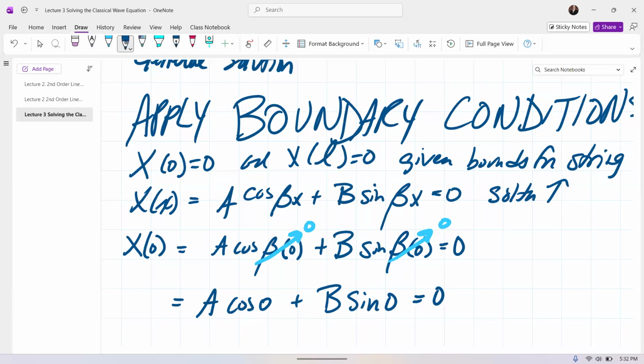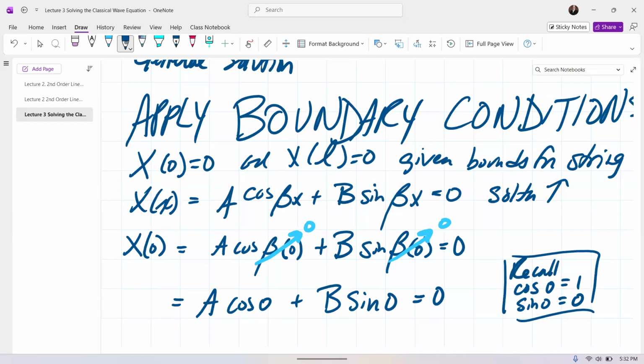Now, do you remember about your sines and cosines? What is the sine of 0? Recall. Cosine of 0 equals 1, and sine of 0 equals 0. Right?